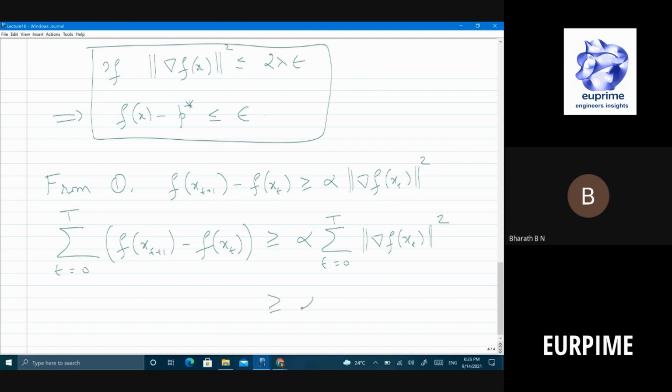But this is greater than or equal to alpha times... So if you have, let's say, 3 numbers, a plus b plus c, that's always greater than or equal to 3 times the smallest, right? Do you agree? 1 plus 2 plus 3 is always greater than or equal to 3, because 3 times 1 is the least. So I'll do the following. So min over all t, gradient of f of x_t whole square, right? Do you agree with this?